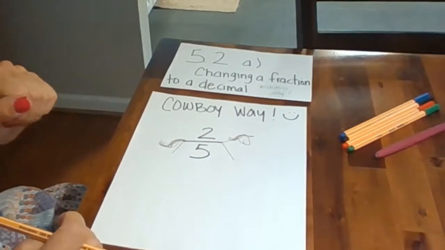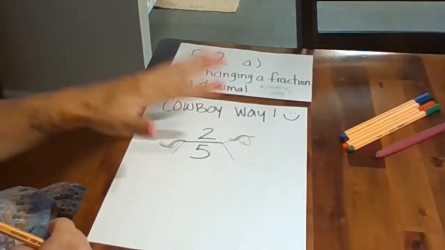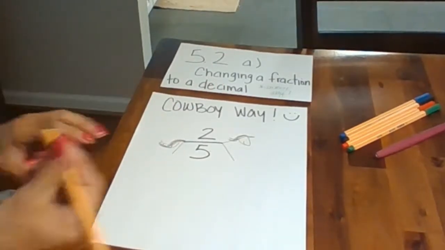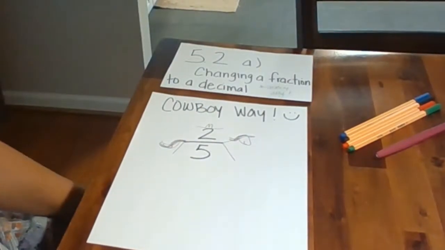Even though it's a unicorn, still a cowboy riding on it. Sometimes I like to say it's a princess, but because it's the cowboy way, we're going to continue with our cowboys. So cowboys wear a cowboy hat. If it's a princess, I can draw a crown.